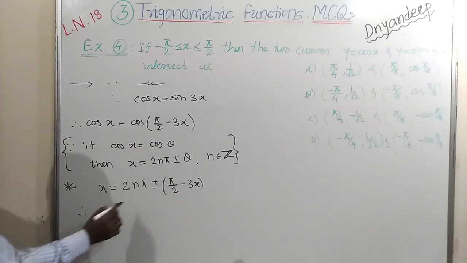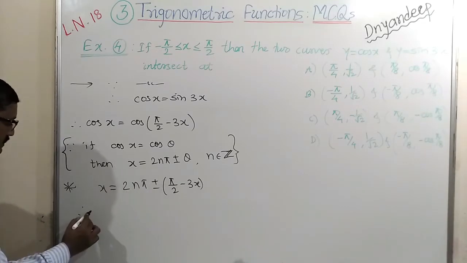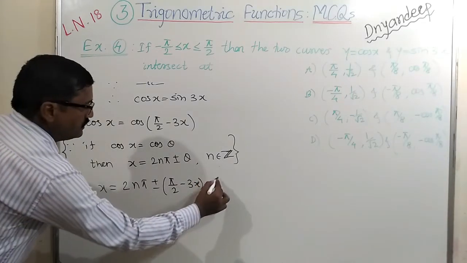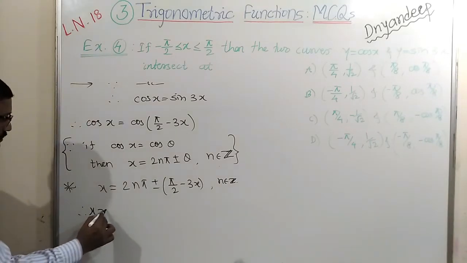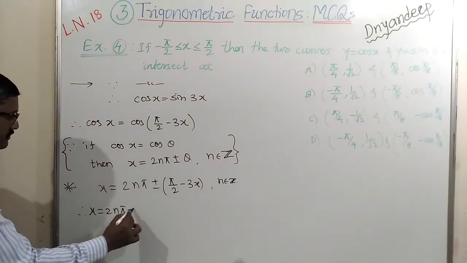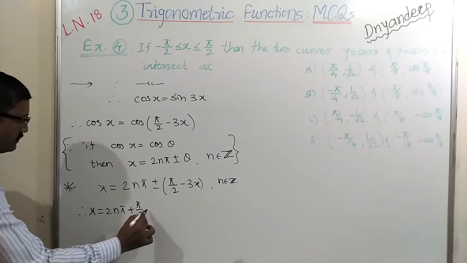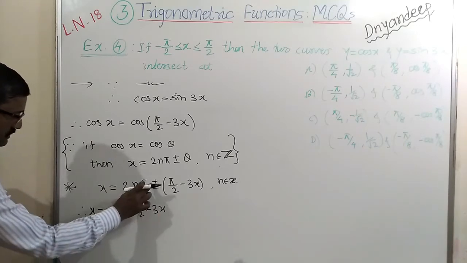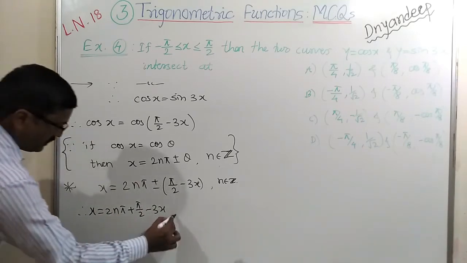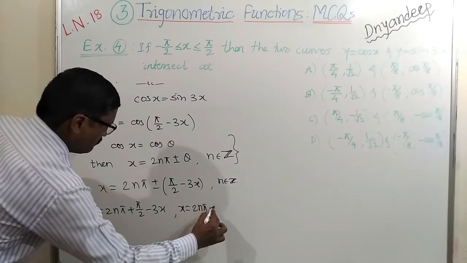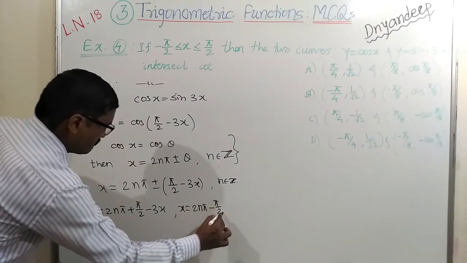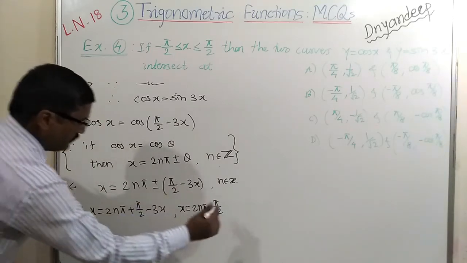Therefore, whenever this plus sign is here, where n belongs to integer, x is equal to 2n pi plus pi by 2 minus 3x. If this is positive, then we get this. And when x is equal to 2n pi minus pi by 2, taking negative sign, we get plus 3x.